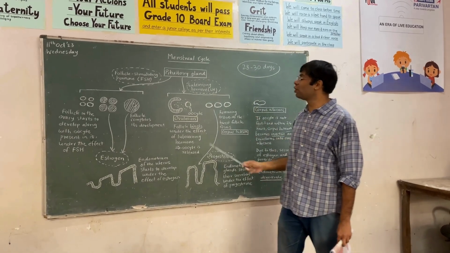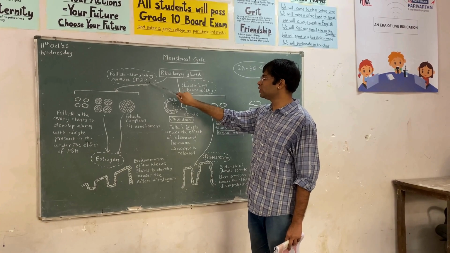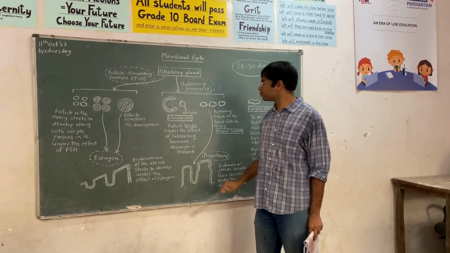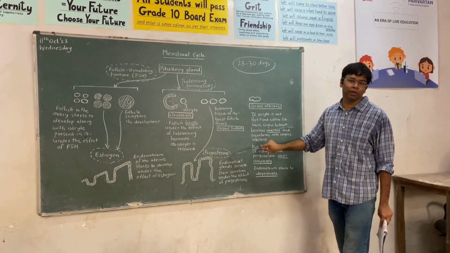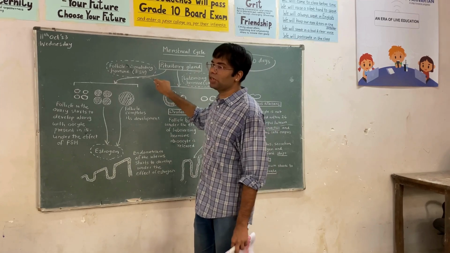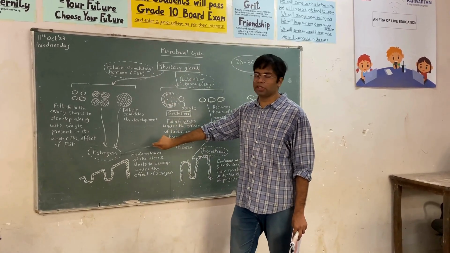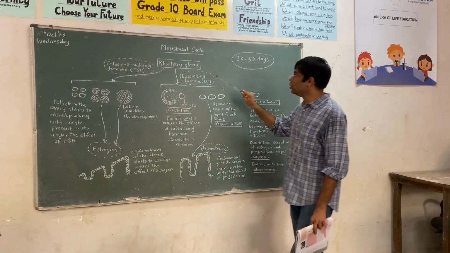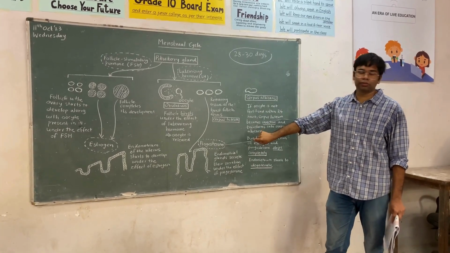The four hormones are follicle stimulating hormone or FSH, estrogen, luteinizing hormone, and progesterone. Let's pronounce their names together. Follicle stimulating hormone, estrogen, luteinizing hormone, progesterone.